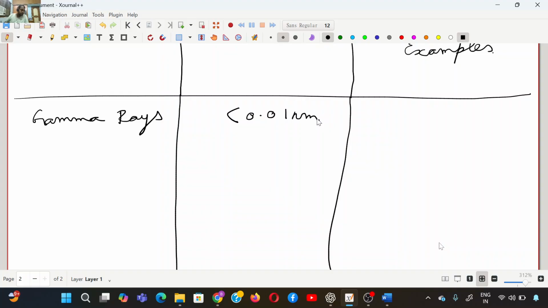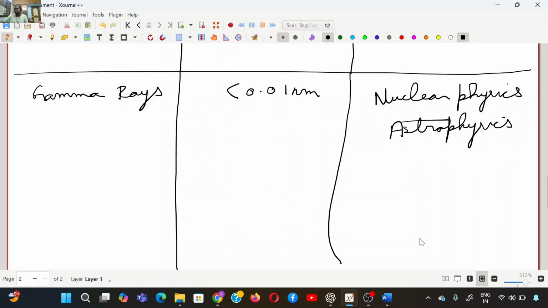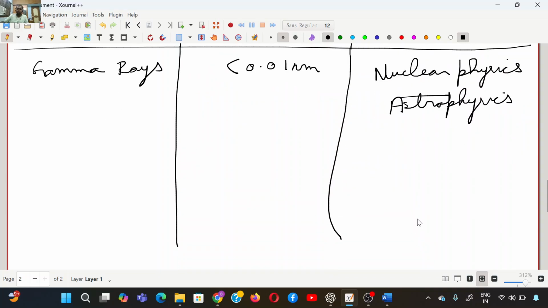Examples or applications you can find in nuclear physics or in astrophysics. In space, a lot of gamma rays are emitted, okay? And studying those wave patterns, you get to know about stars, galaxies, how they are formed, the geometry of the black hole, etc. That's how they use it.